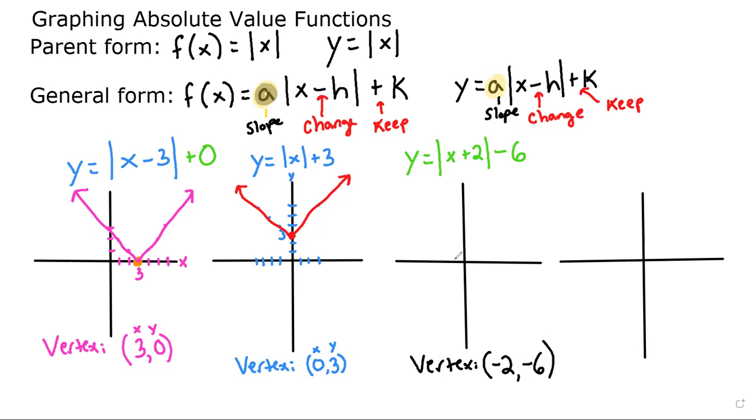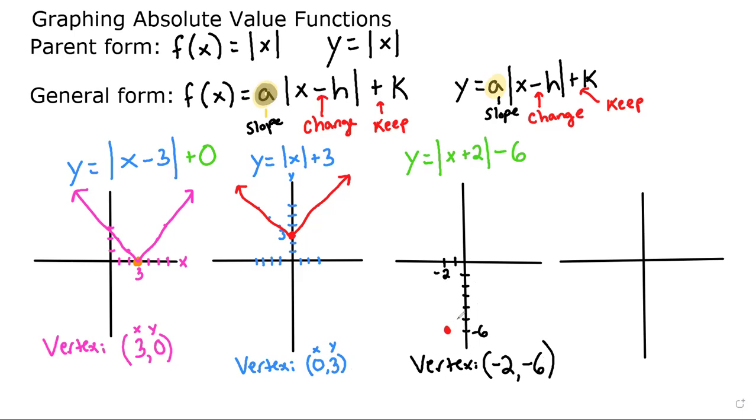Where's that at? Well, -2 is right here. And -6 is 1, 2, 3, 4, 5, 6 is down here. And then let's do it in red. So -2, -6, it goes right here is where they meet.